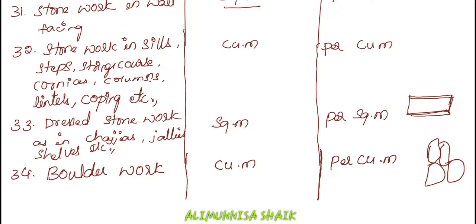While you are constructing, this boulder work you can mostly see in your ballast regions, in your railway tracks, where the ballast is put with regular shapes. No other material is used, but they are arranged in such a proper way that it will not fall down. So, that kind of construction should be done. There are different categories in this. First one is your dry hand packed, second one is your boulder walling dry.